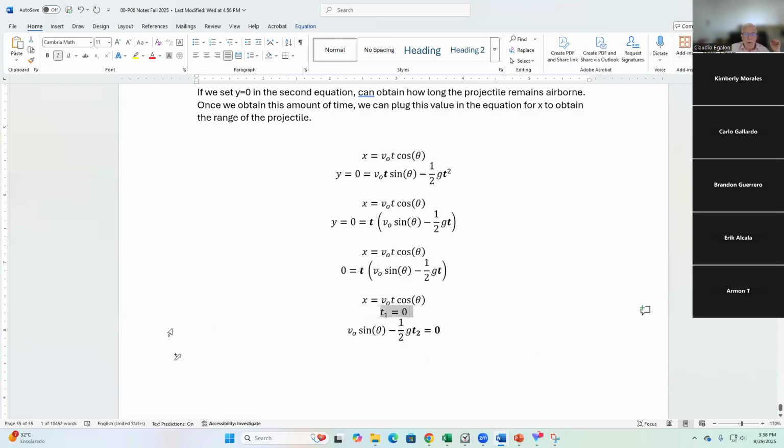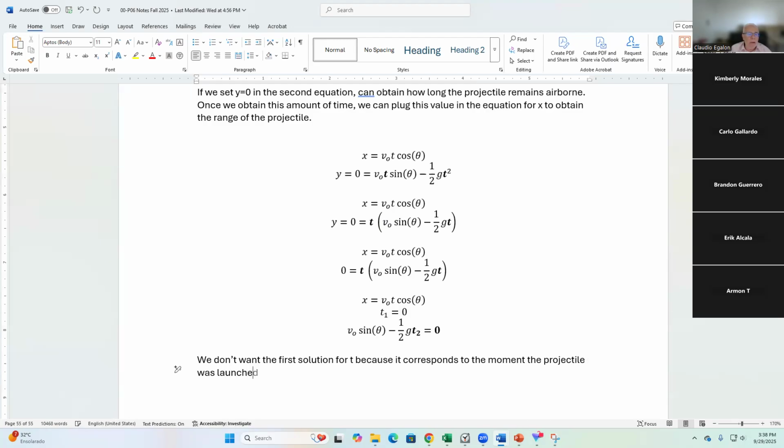T1 equal to 0 corresponds to the moment that the projectile was launched, right? So we don't want that solution. We don't want the first solution for T because it corresponds to the moment the projectile was launched.